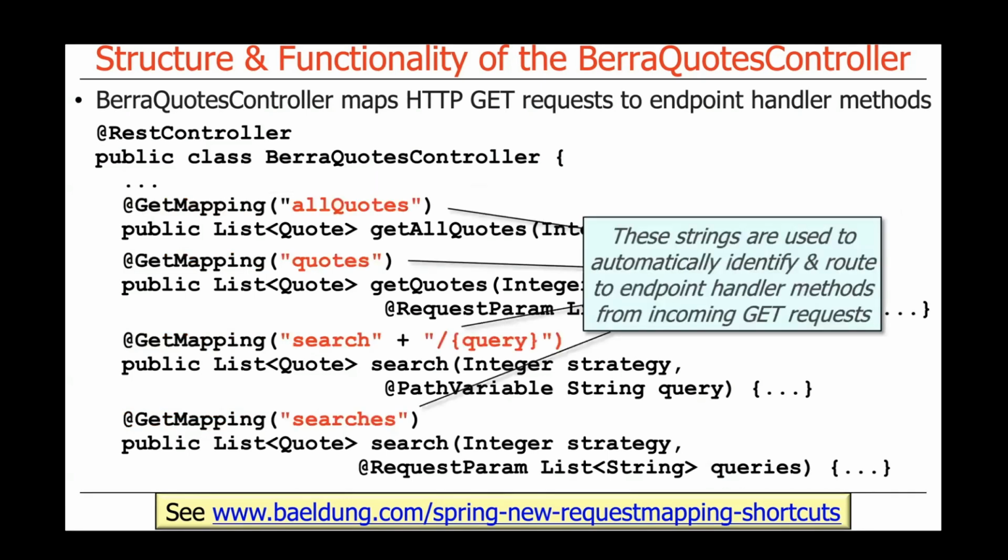You'll notice there are also these strings like all quotes and searches. These are strings that are used to automatically identify and route the incoming HTTP GET request to the corresponding endpoint handler method.